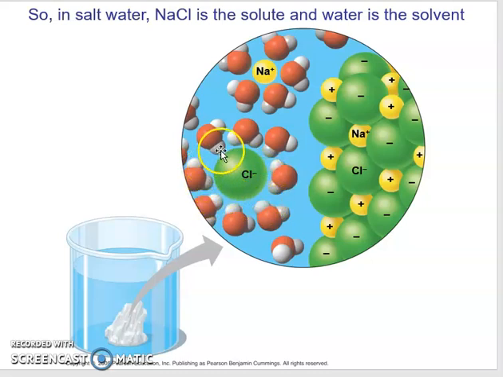All the hydrogens, the positively charged part of the water molecule, are now facing the chlorine atom. What this does is essentially cancel the charges out and allow all of these sodiums and chlorines to pull away from the bonds they made to form salt. So that means you have sodium in your blood or in a liquid, and now you have chlorine in your blood or in a liquid. Hopefully that makes sense, and we'll talk about that more for bigger molecules in the next presentation.